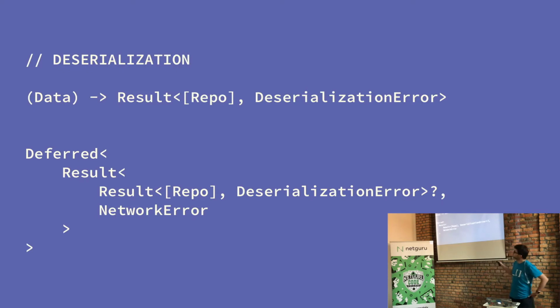But this method may probably fail, right? Maybe the API has changed. Maybe we have some bug in our data model. So we can actually add another result. So there is the result which has a deserialization error, and now we have the deferred of a result of a result. Okay, two errors already, and there's the optional still.